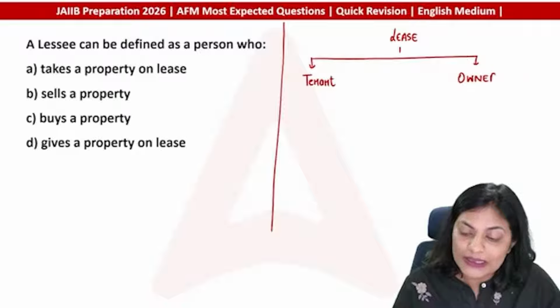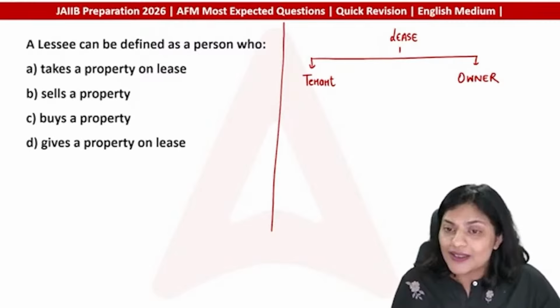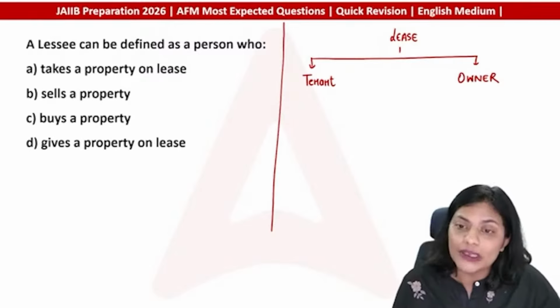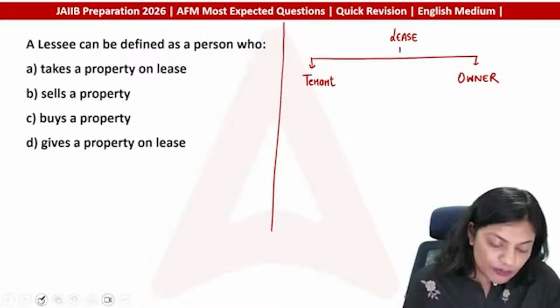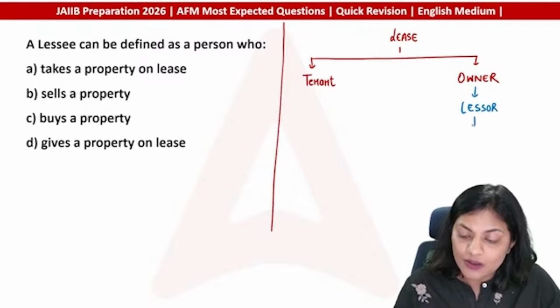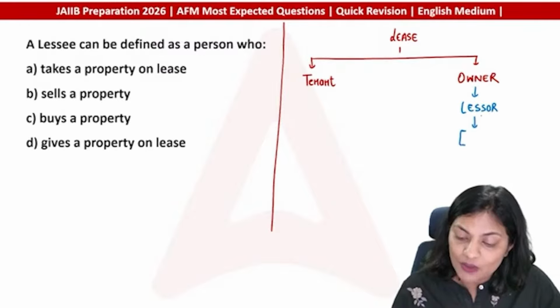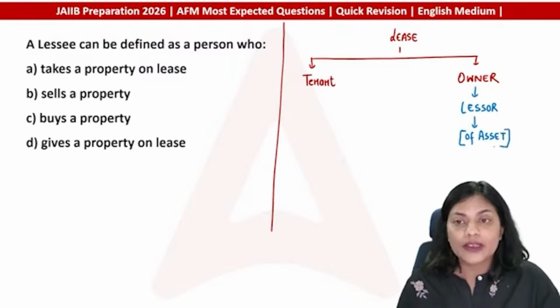See, what is basically lease? Lease is basically a mechanism which helps you to act like an owner of an asset without actually owning it, right? So what happens in a lease is there is an owner to whom we refer as lessor, and this lessor is the owner of the asset or the equipment, correct?